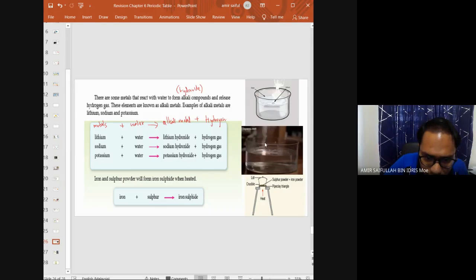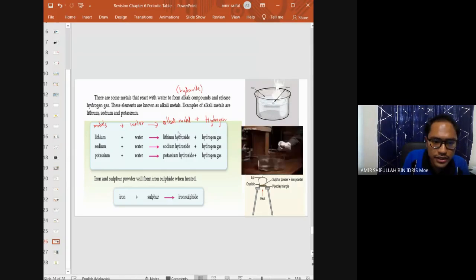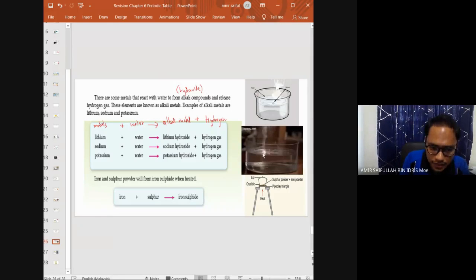You can see there is smoke. This smoke is actually the hydrogen gas being released from this reaction. So lithium plus water forms lithium hydroxide plus hydrogen gas. Sodium plus water, sodium hydroxide plus hydrogen gas. So the new compound here is the hydroxide of the alkali metal, and the smoke is the hydrogen gas being released.